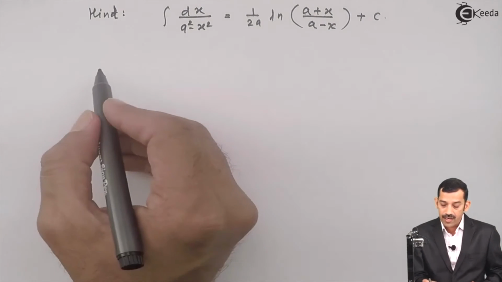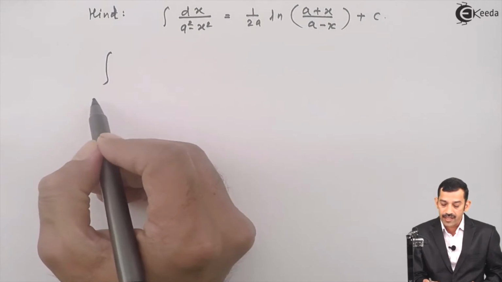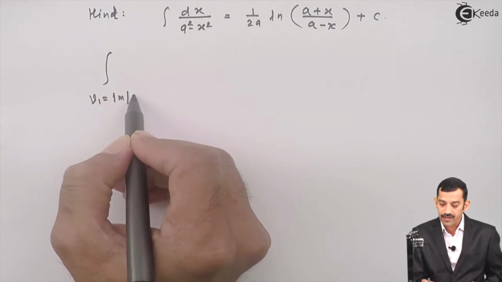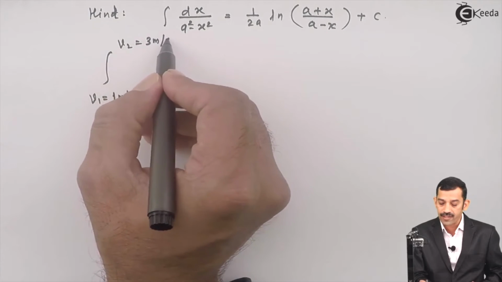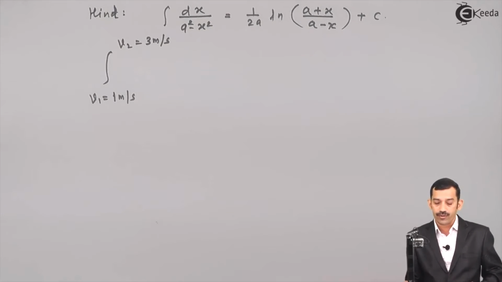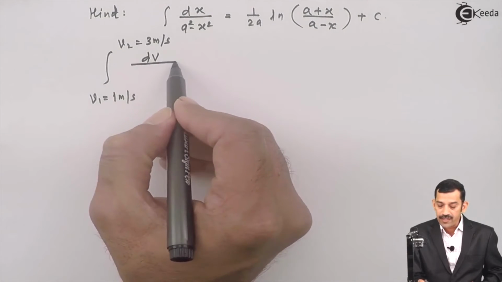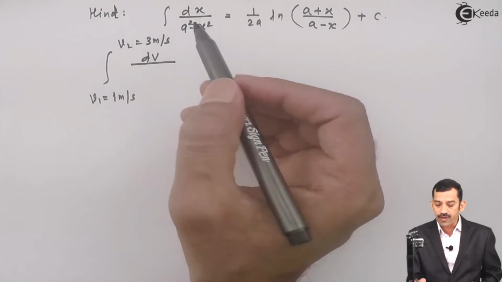That means in our equation, the integral varies from v1, which is 1 meter per second, up to 3 meter per second. When velocity increases from 1 to 3 meter per second, the limits of integration are known. Now dv upon 100 minus 4v square is not in this form.